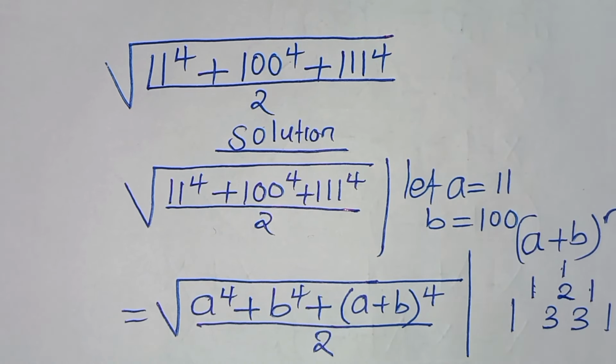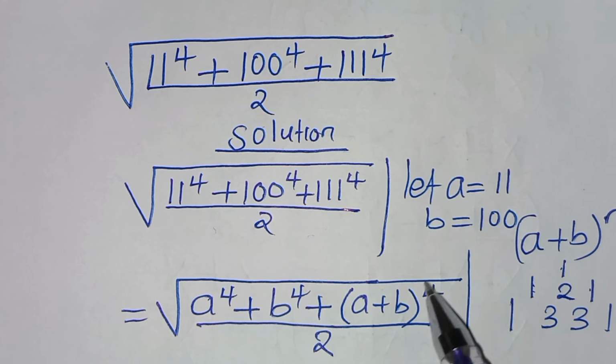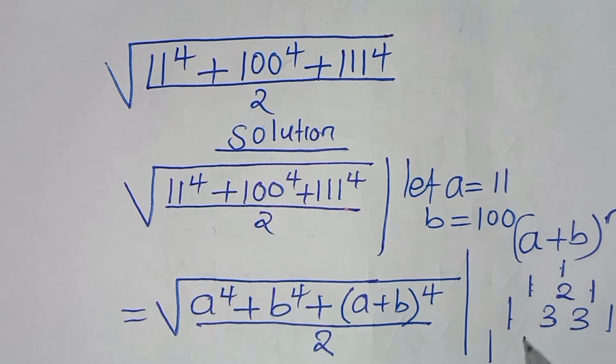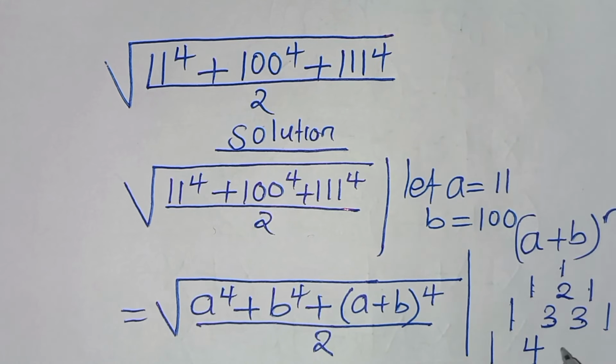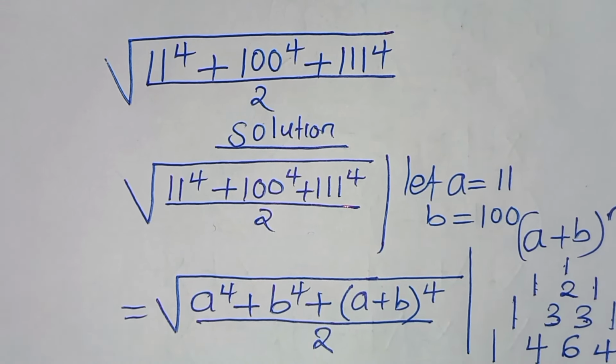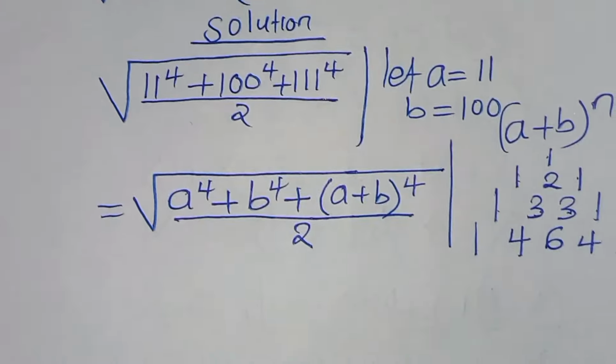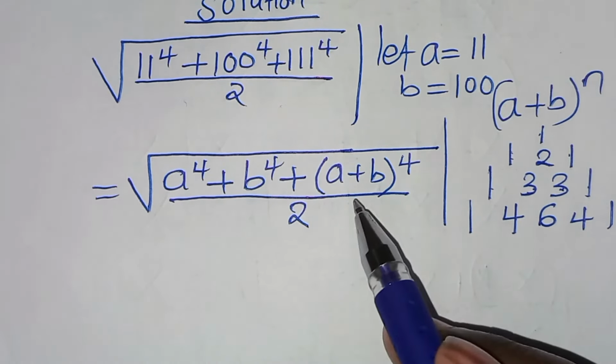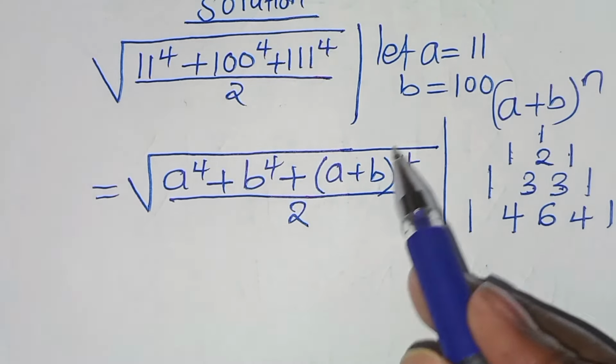Now, A plus B raised to power 4: this becomes 1, 1 plus 3 equals 4, 3 plus 3 equals 6, 3 plus 1 equals 4, and then 1. These are the coefficients that we're going to plug into A plus B raised to power 4.